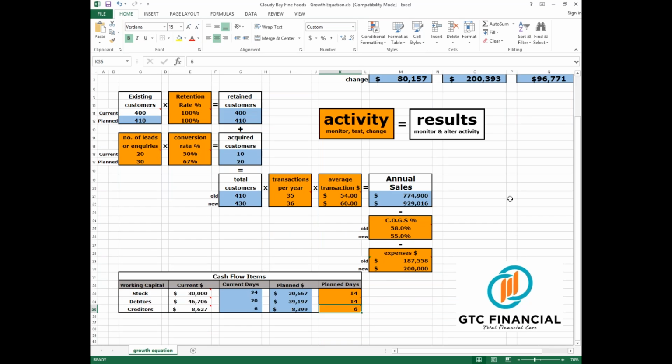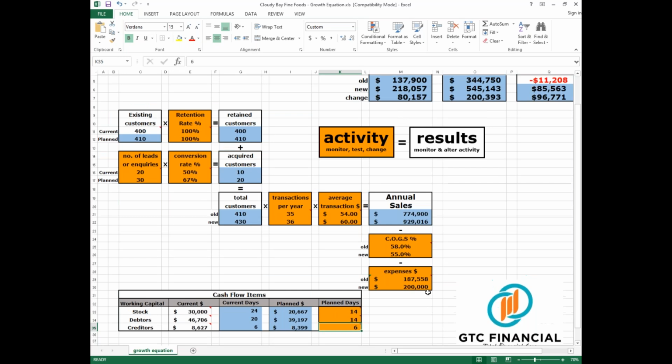Now, I'd be excited about that. I wouldn't really need to do much about her creditors or her suppliers. She's paying them very quickly, and that's probably to get special settlement discounts so that she can get a discount for paying early. So I wouldn't tinker around with that and lose those discounts.